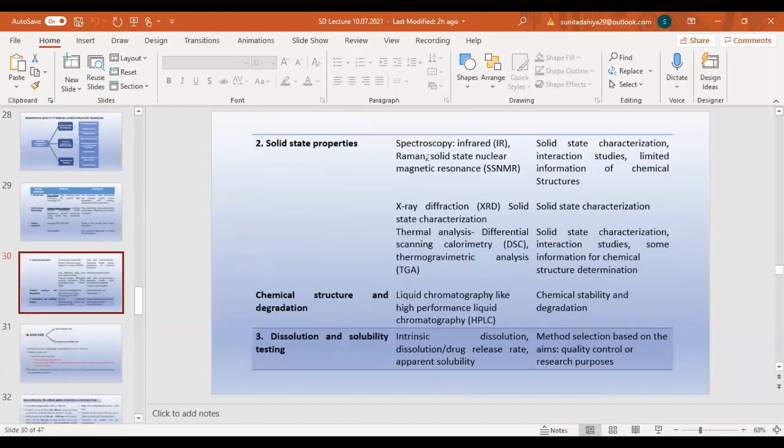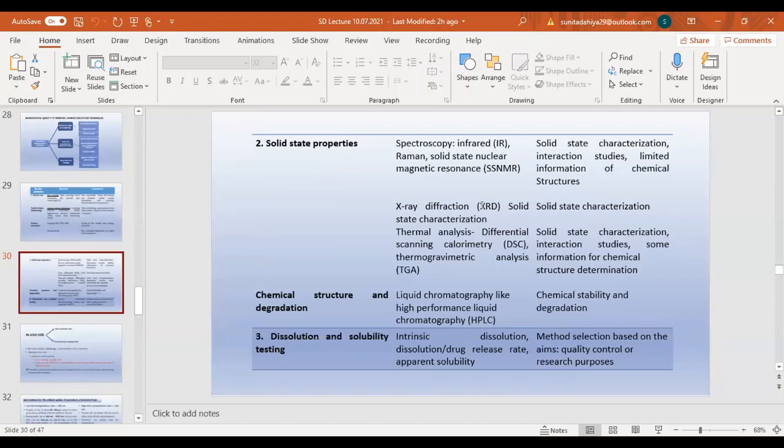Then for solid state properties, we can use various spectroscopic methods for solid state characterization. DSC, just now I came across a research paper which says that DSC is not so effective and sometimes gives misleading results when we talk about nanocrystals. However, it can be used as a supportive technique. Nothing can be concluded based on DSC only. However, XRD is very important because it is all about crystallinity, right?